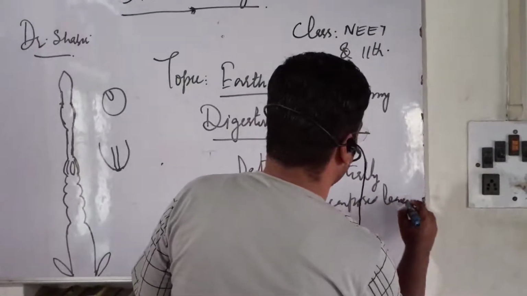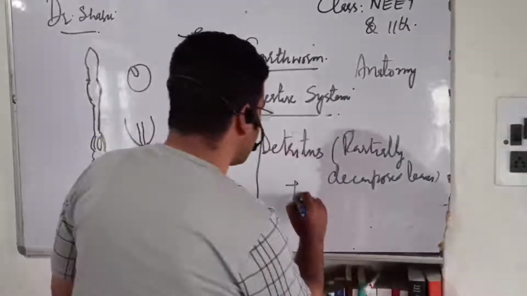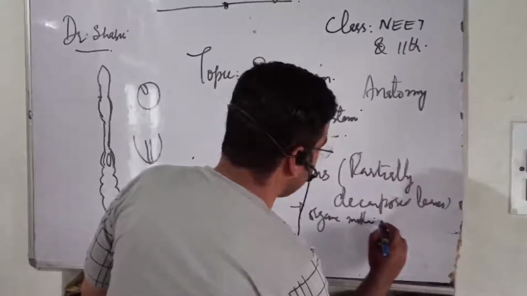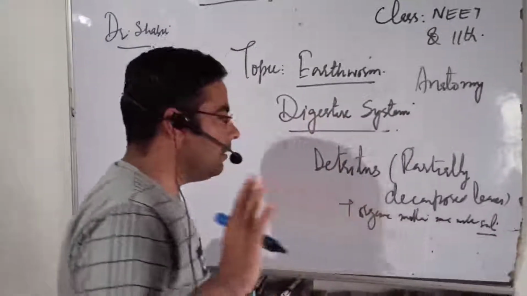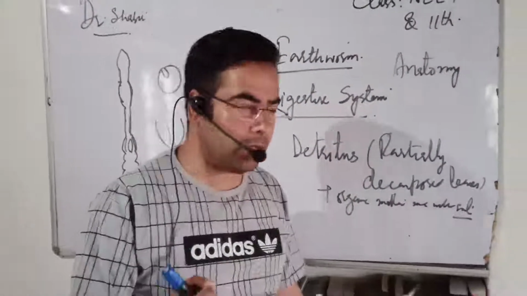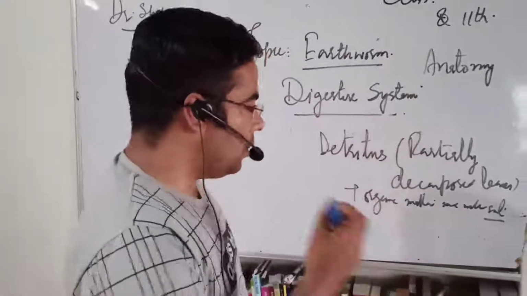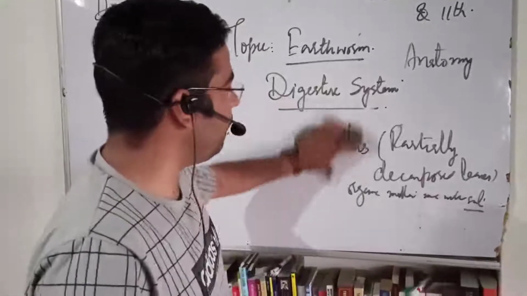Earthworm takes this partially decomposed leaves जिसके साथ बाकी soil वगैरह भी है, organic matter which is mixed with soil. So you can say that the food for earthworm is detritus. So this is the food of earthworm.